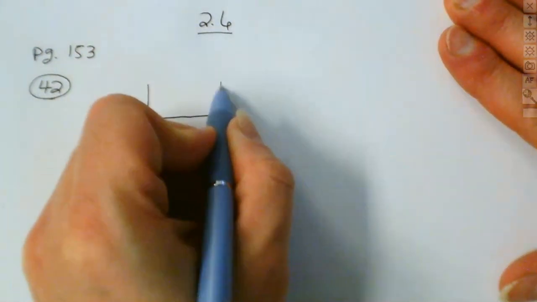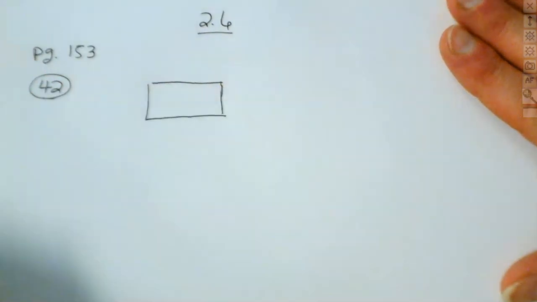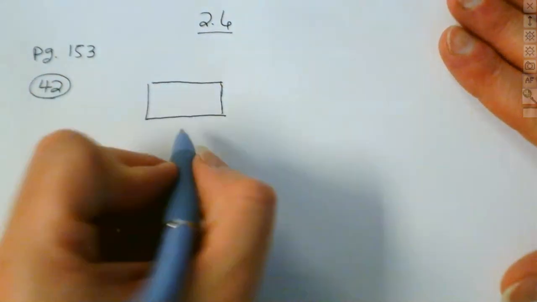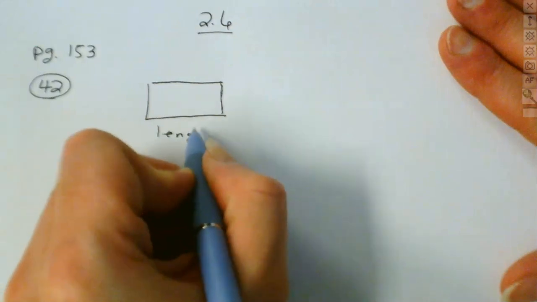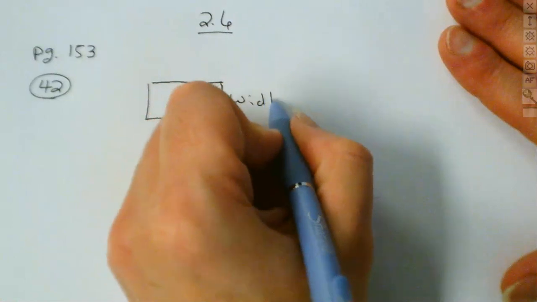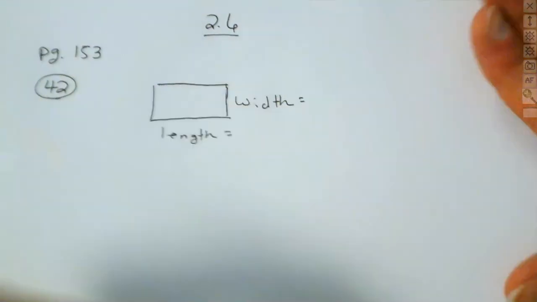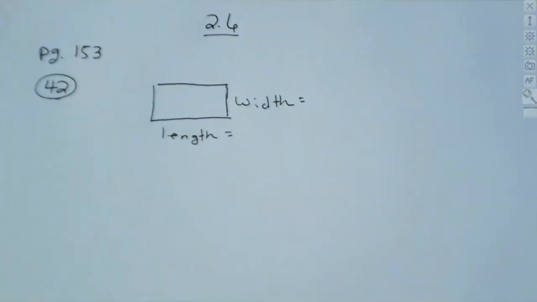So we know we have a rectangle, and this rectangle has a length and a width. Okay, so how are we going to label it?